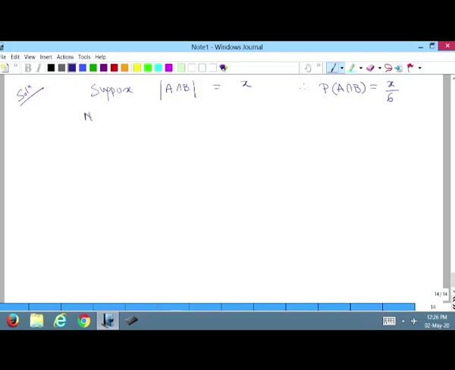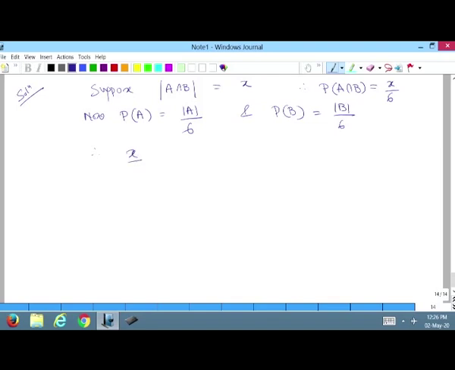Now, the probability of A is equal to the cardinality of A divided by 6, and the probability of B is equal to the cardinality of B divided by 6.